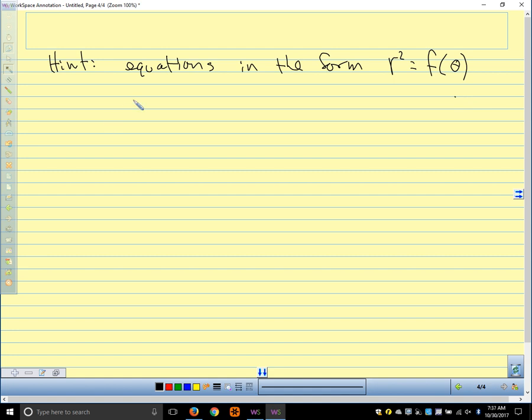To find dr d theta squared, which we need in our arc length integral, use implicit differentiation.